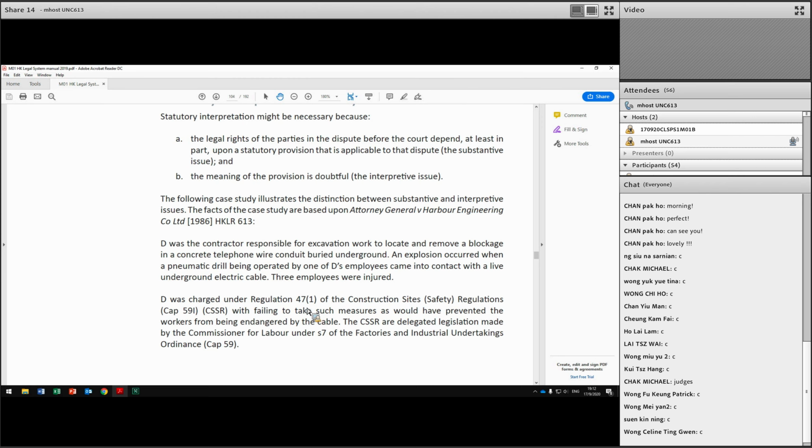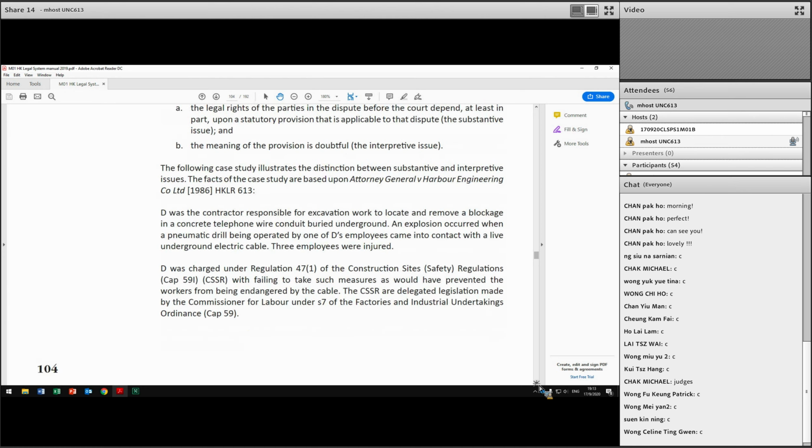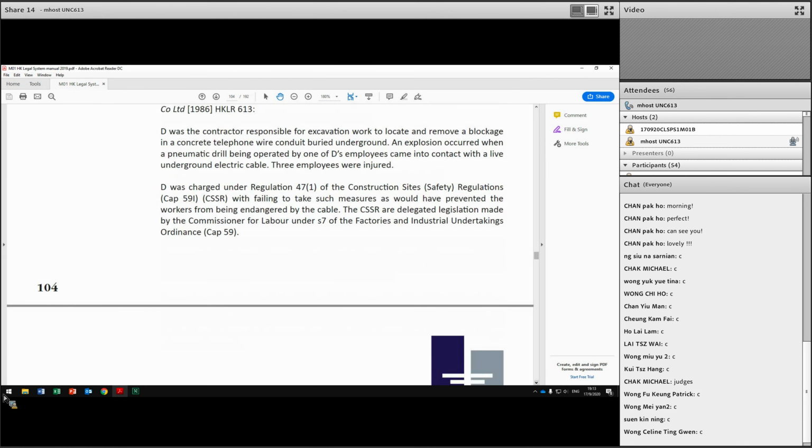So the defendant was charged under a regulation of the construction site safety regulation because there was an accident and the defendant should be responsible. He was charged with failing to take such measures to prevent the workers from being endangered. Okay? So whether the defendant was guilty, it depends on what.